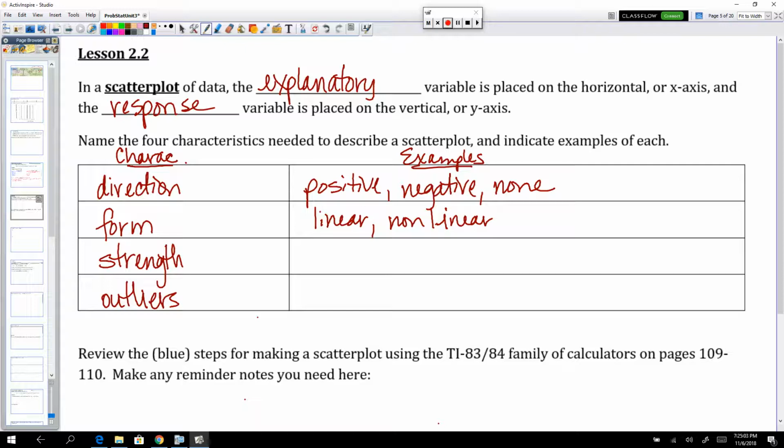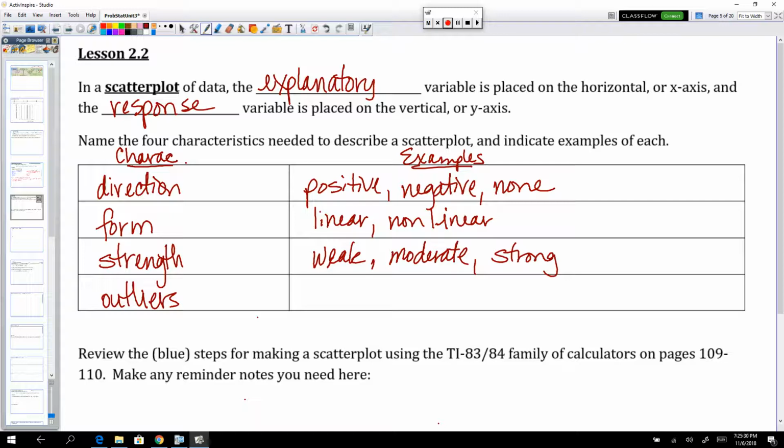For strength, you really only need to tell me one of three things. Is it weak? Is it moderate? Or is it strong? Some folks like to maybe create little in-between, so it's weak to moderate or moderately strong, and that's fine. We'll probably agree with anything that you justify with your look at the data, but these are really the only three that I need to see. It's either weak, it's moderate, or it's strong.